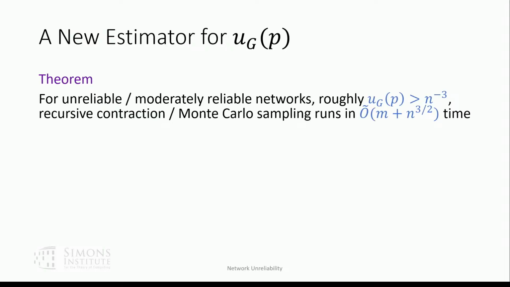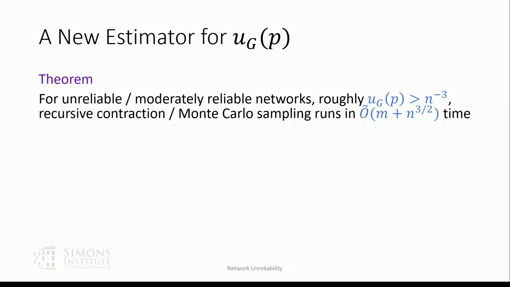So the first theorem that we show is that if your graph is not very reliable, so if the value of u is relatively high, let's say larger than n to the negative 3, then the previous techniques are already very efficient. You can use some combination of recursive contraction and Monte Carlo sampling to get the kind of desired runtime that we want.